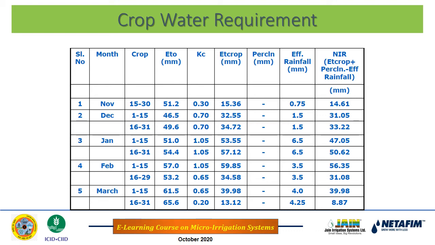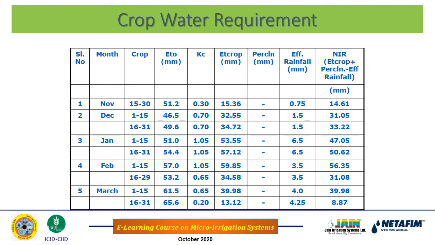Whatever is the area which we are growing for that crop, if we multiply by that, then that could give you the crop water requirement in terms of volumes of water. But before that, we need to consider if there are any percolations, we have to add the percolation requirement for paddy, and otherwise we will not consider these values, and then we will work out the effective rainfall based on the normal rainfall of that region.